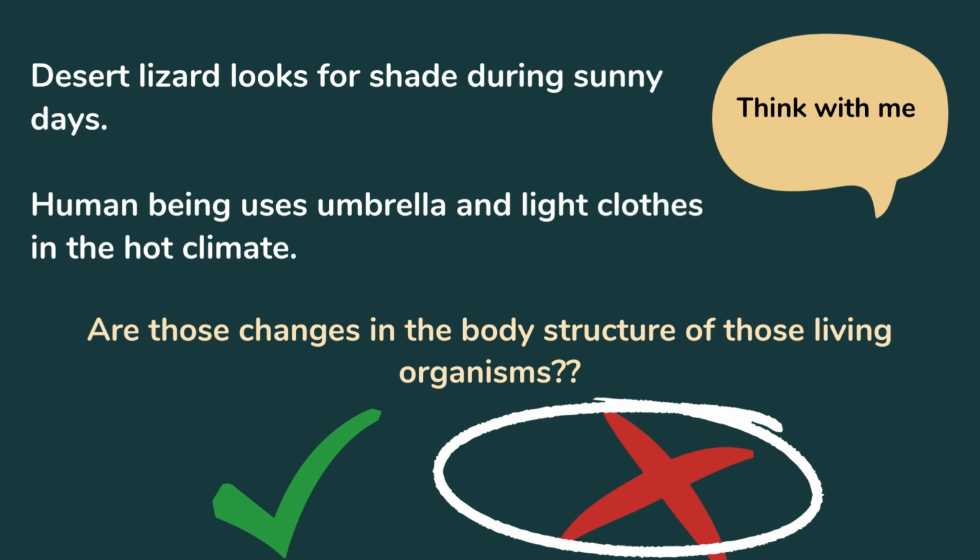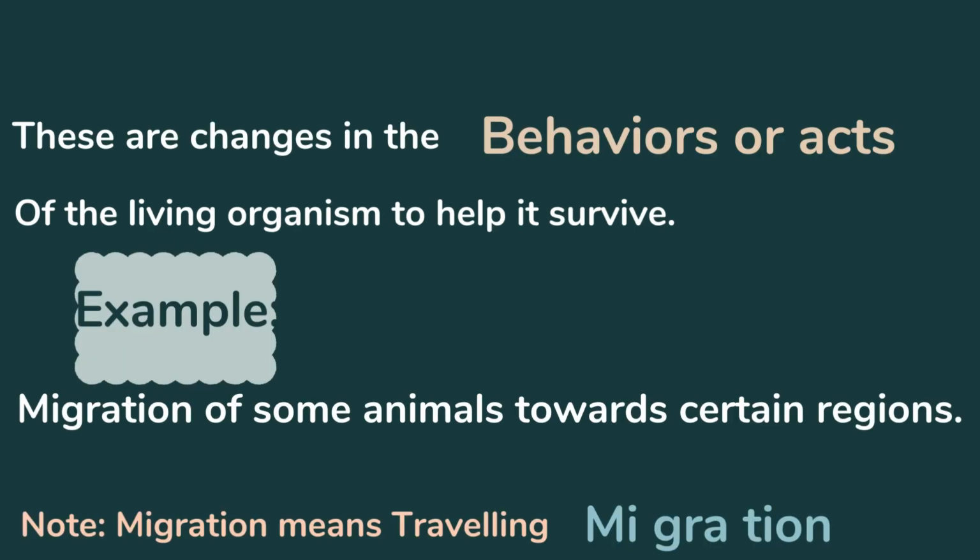Okay, we can take another example for this type of adaptation, which is the migration of some animals toward certain regions. What's the meaning of migration? Migration means traveling. Animals travel to other places as they need this to survive and protect themselves.